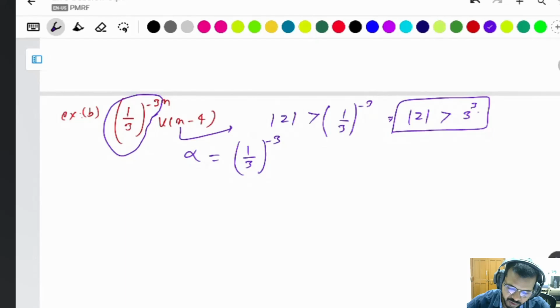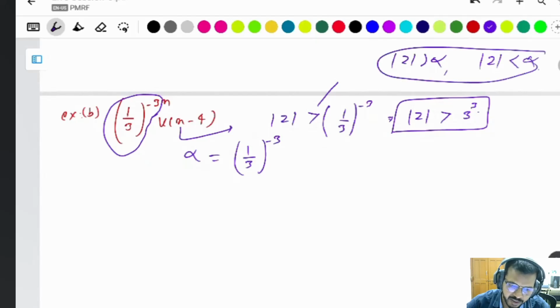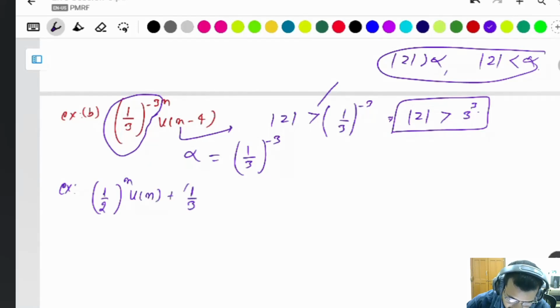These are two functions. It will be mod z greater than alpha, or modulus of z will be less than alpha. But what happens if two functions are there? Then what is the ROC? Like this function, 1 by 2 power n un plus 1 by 3 to power n un plus 1 by 4 to power n un.